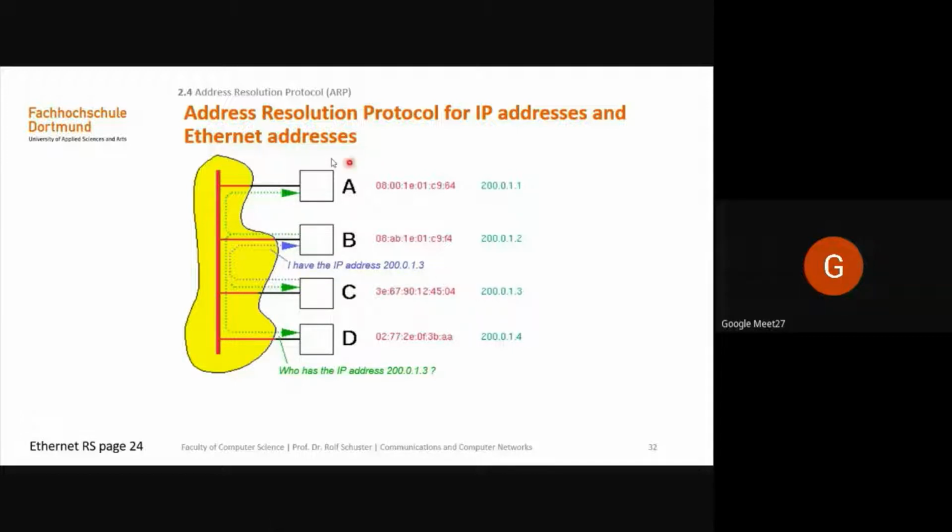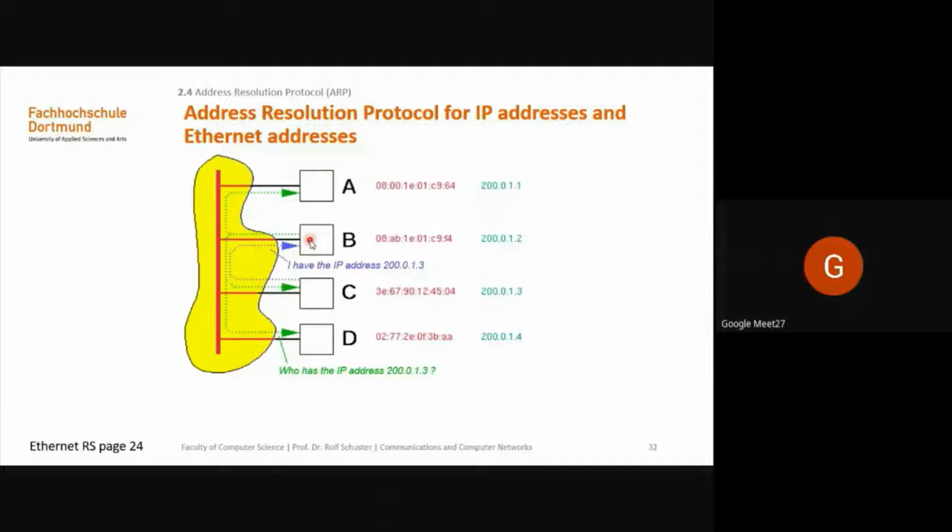Then typically in this network diagram, we could see that there are 4 nodes, 4 hosts. Each node has in its interface a MAC address and an IP address.